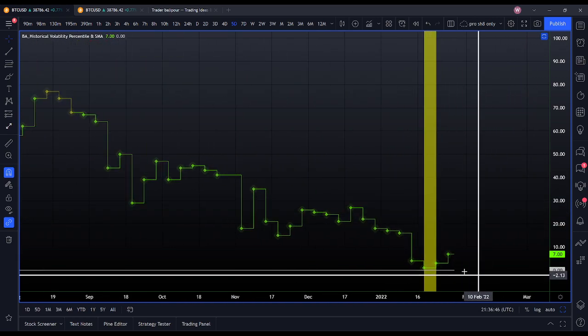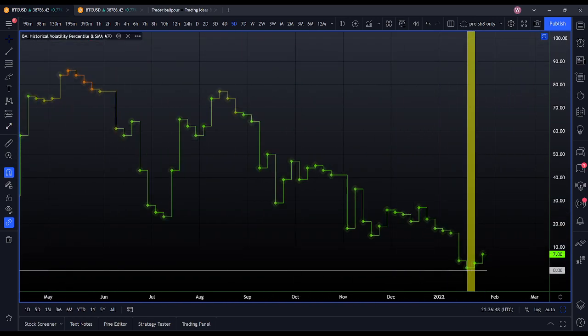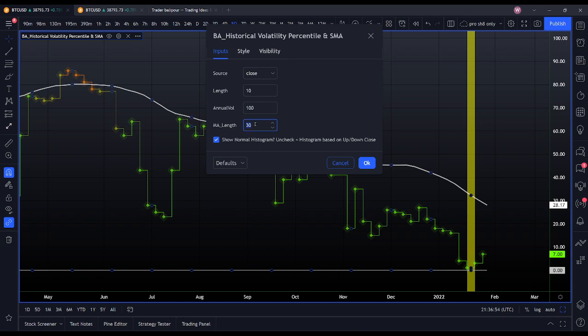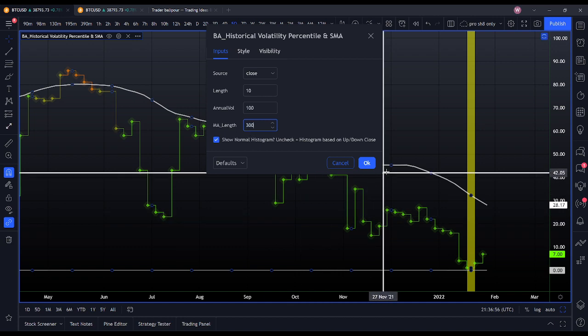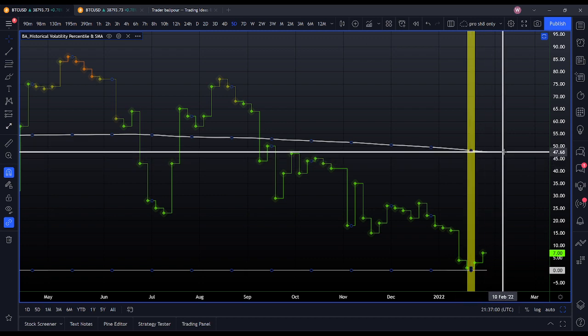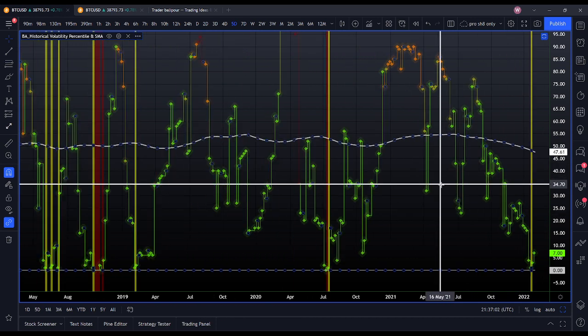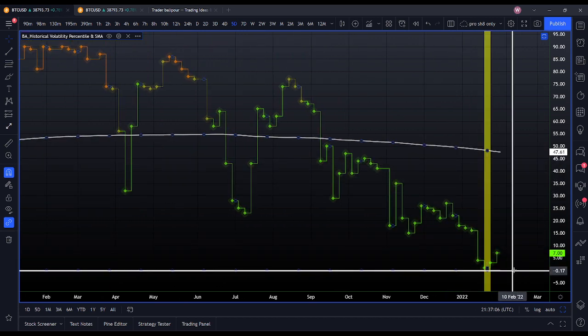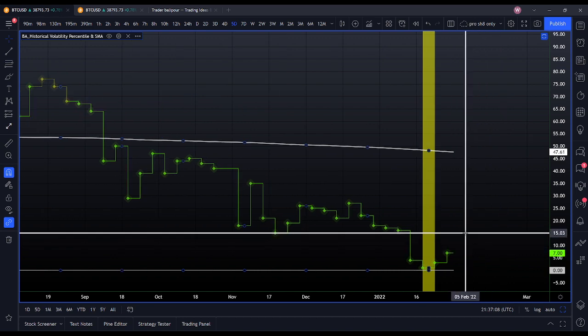So we're at a 7 read right now, and let's see here. And for the past 307-day candles, the average was about 47. So looking at that, I would expect some volatility expansion.